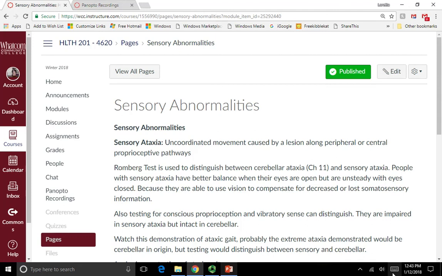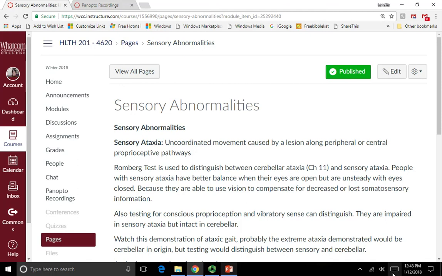With their eyes open, they're able to use vision to compensate for decreased or lost somatosensory information. We'll talk about this in later chapters, but there are three main sensory inputs to balance: vision, proprioception, and vestibular sense. And if one of those is missing or impaired, you have to use the other ones to make up for that.